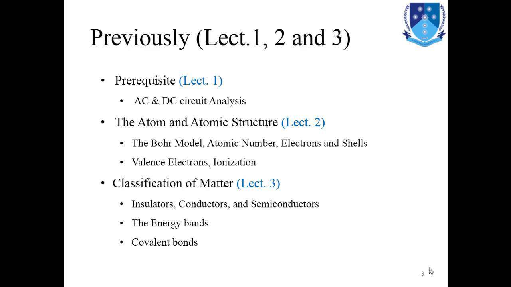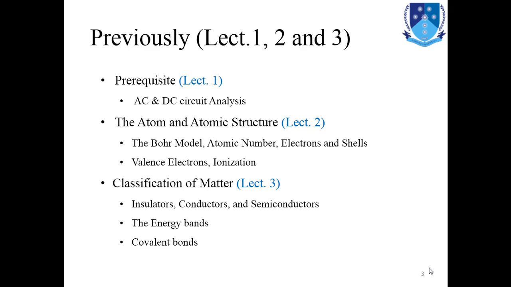Then in lecture number 2 we started our course from the course book or textbook of electronic devices. We started chapter number 1 of our course entitled Semiconductor Basics. In lecture number 2 we discussed the atom and the structure of an atom.